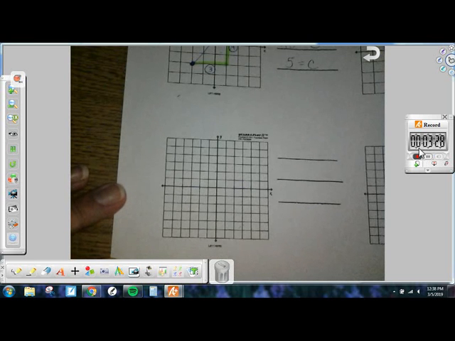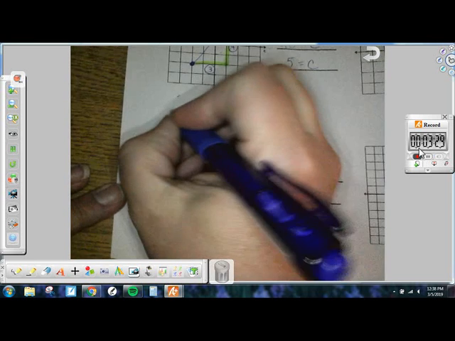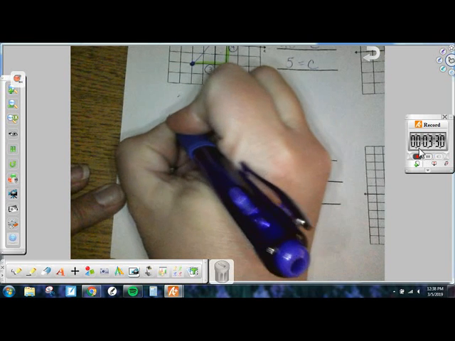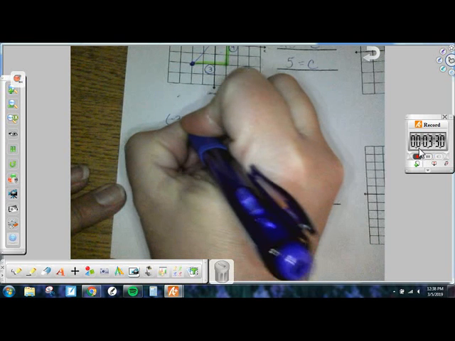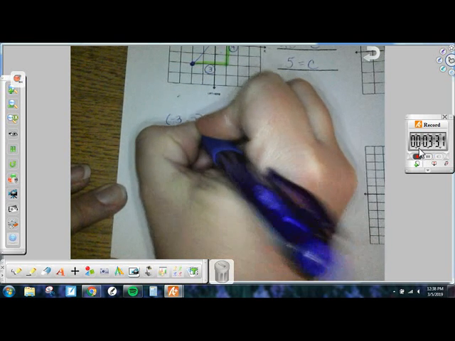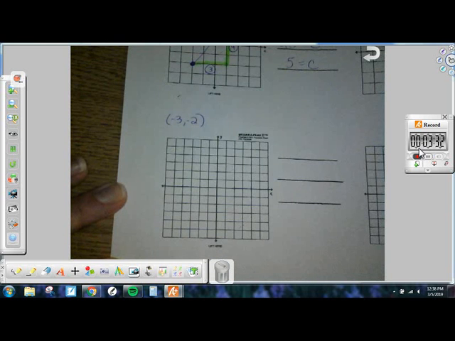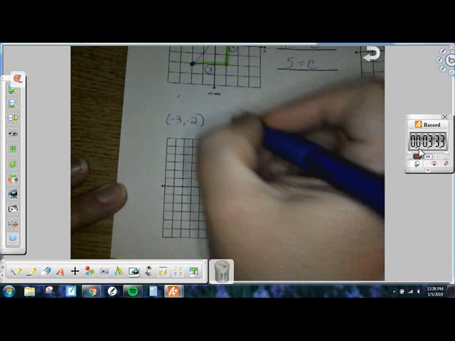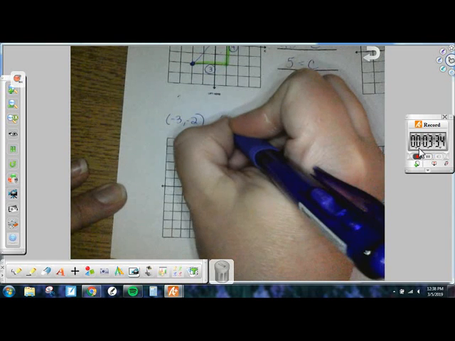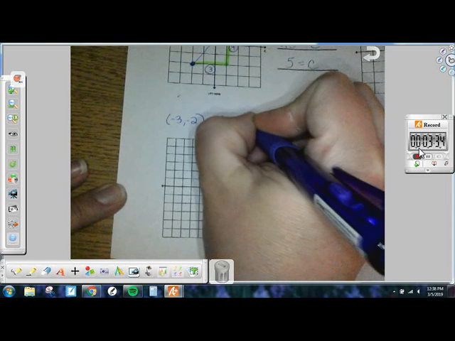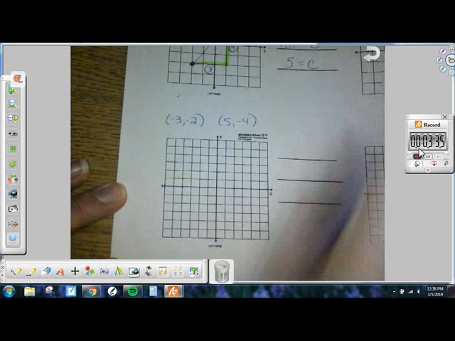Next, 0, 1, and 2, 3. The third example you're going to work on is 3, -1, and -1, 3.